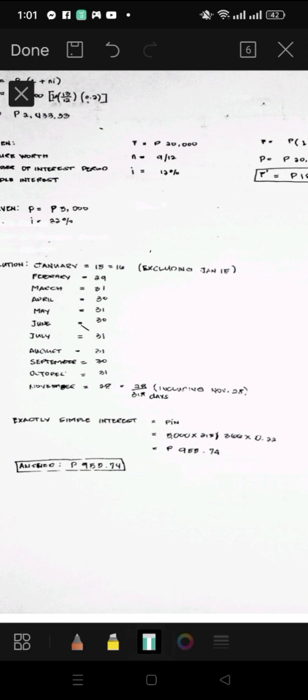So the answer is 955.74. Let's proceed to problem 5. A man wants his son to receive 200,000 pesos 10 years from now.